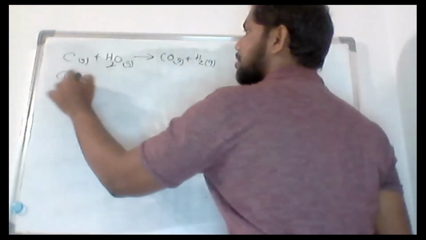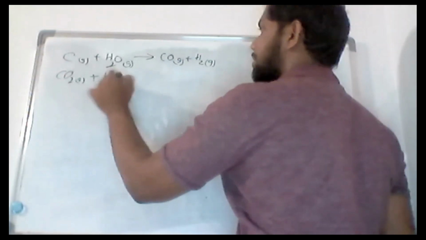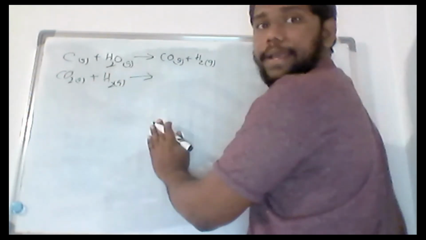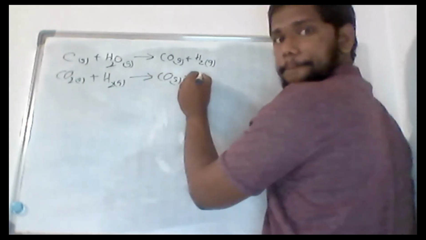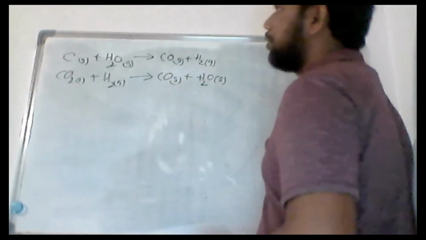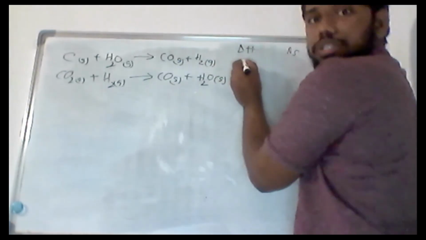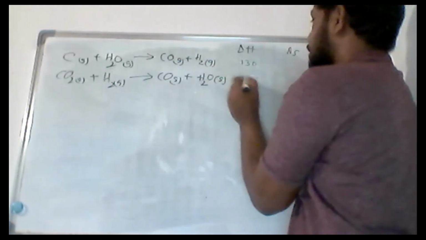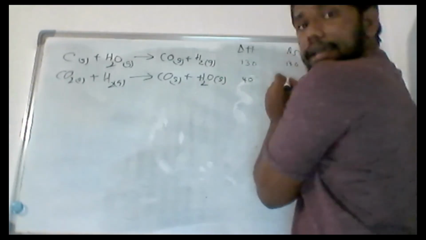The other one is CO2 gas, H2 gas, and CO gas, H2O gas. So their enthalpy and entropy values are given. So this is 130, 40, 140, and 50.